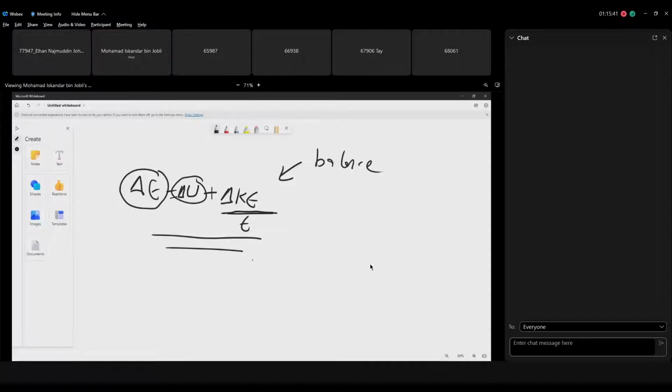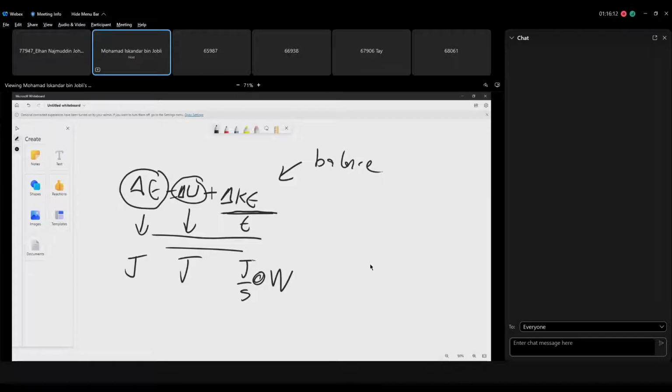This is one way to check that the equation is wrong. If you don't know dimensional analysis at this point, tell me the unit for this one. Can you tell me the unit for the change of energy? Joules? Yes, you have joules. This one also joules. This one is joules per second, or watt.